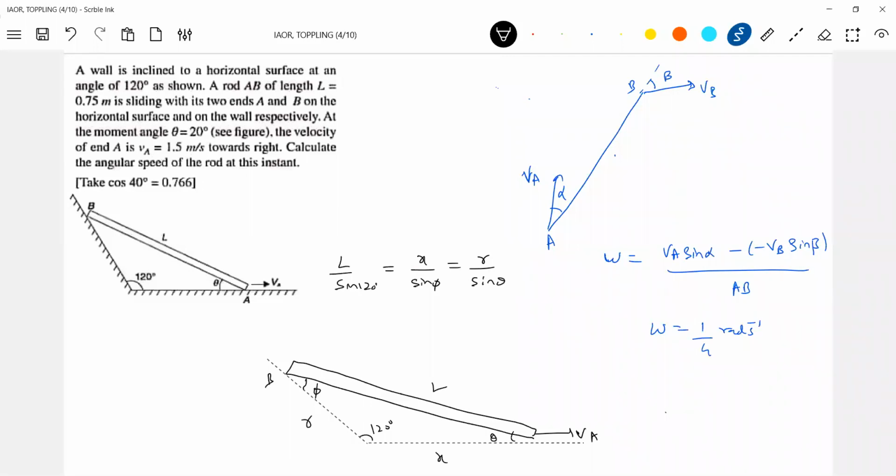Angular speed of the rod. So shall I write dx by dt, and omega as the angular speed of the rod? With time, what happened to theta, does it decrease or increase? It in fact decreases. So the angular velocity of the rod will be minus d theta by dt. No need of instant center.